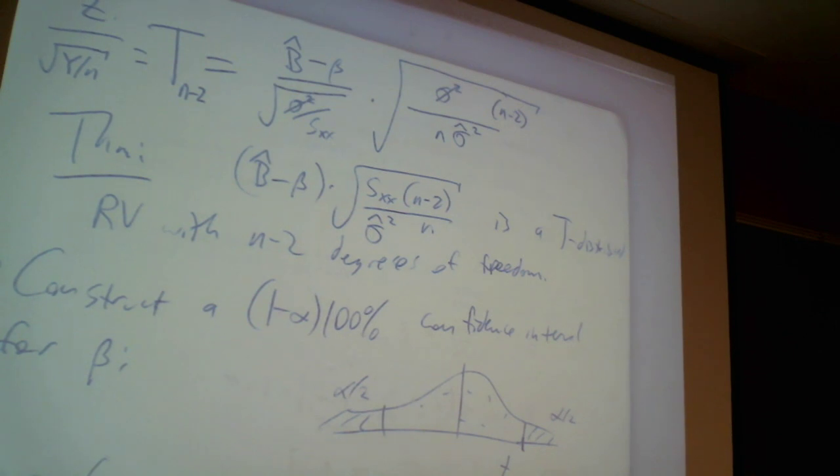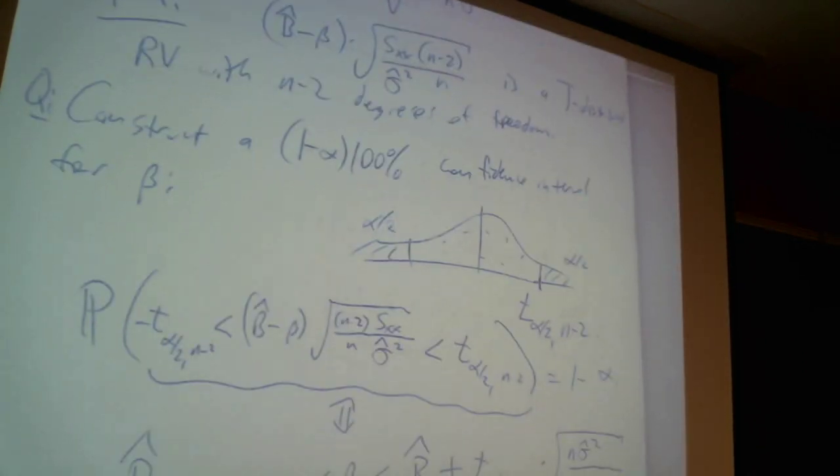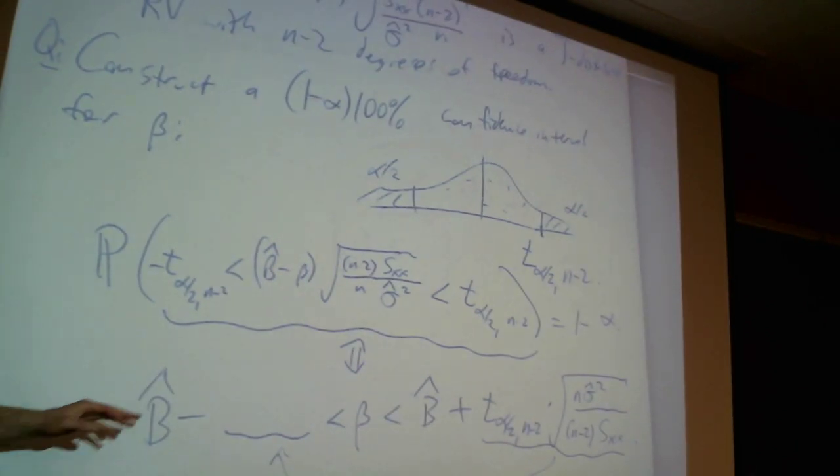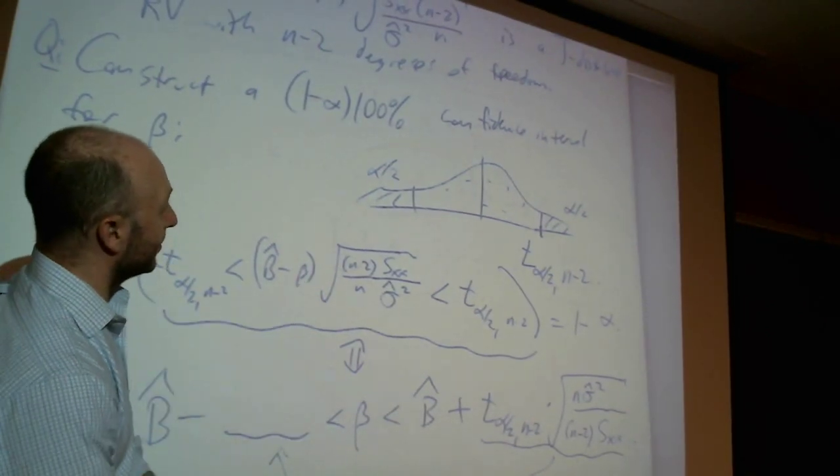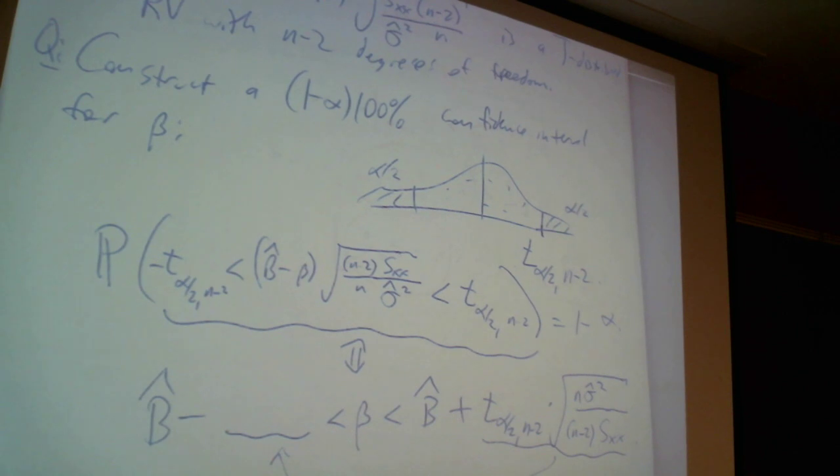When we do that, we can get confidence intervals for beta in the standard way. So as a whirlwind, this is a good review of all the different techniques we've been learning applied to one particular problem. Any questions?